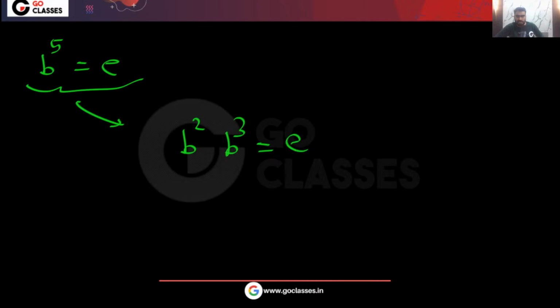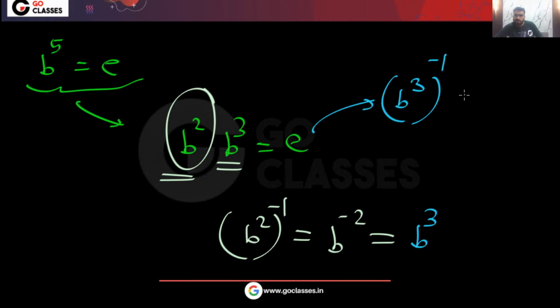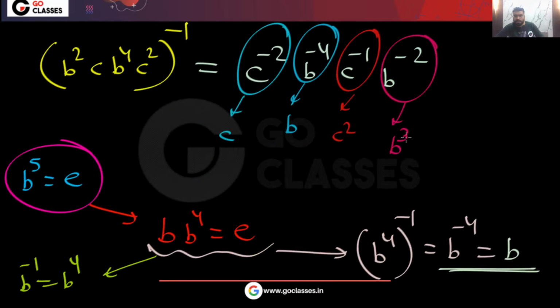So the inverse of b power 2 is b power 3, and the inverse of b power 3, that is b power minus 3, is b square. So this will be b cube.